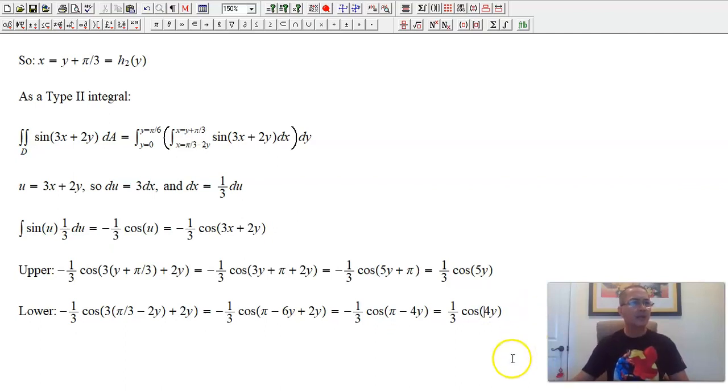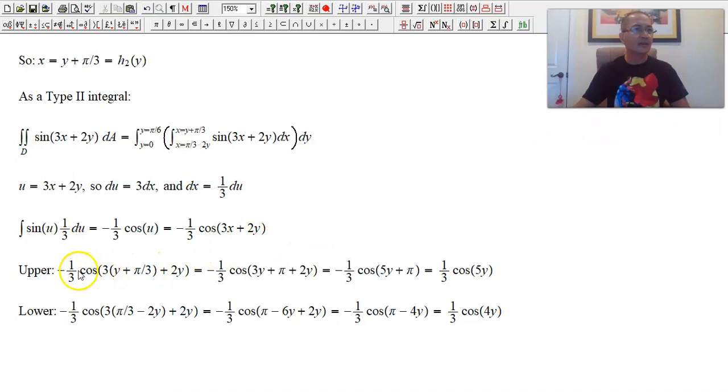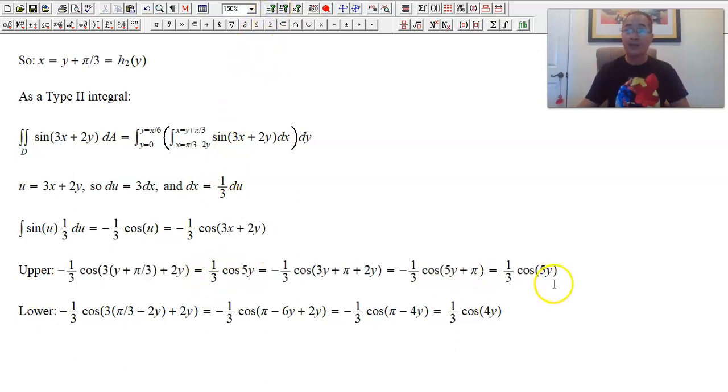Okay? So I'm always nervous with these sorts of things because of arithmetic. So you know what? Let's try this. 1/3 cosine 5y, I was correct. And 1/3 cosine 4y.